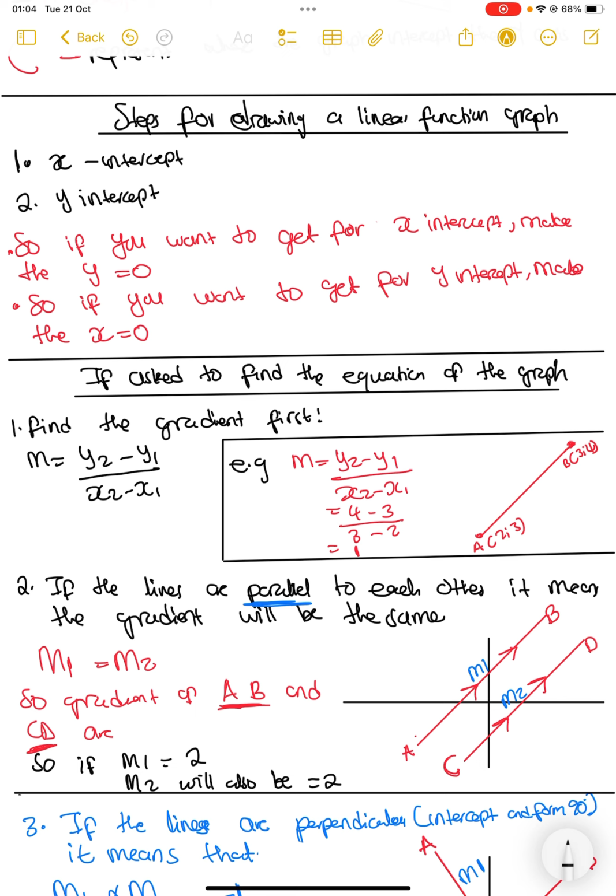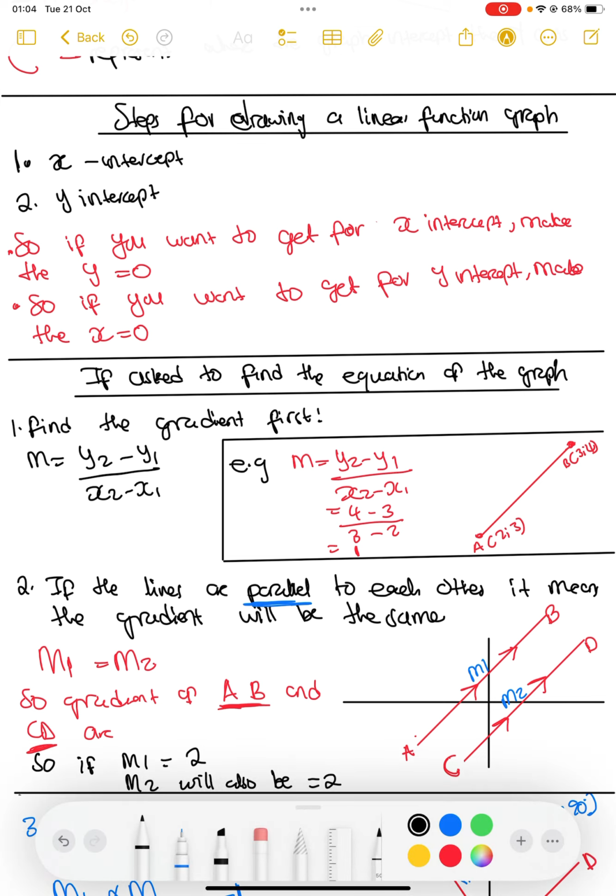All right. So what happens when two lines are parallel? Just think about it, guys. I'll use an example where you have a line like this and the other one is like that. You can see that these lines have the same incline.